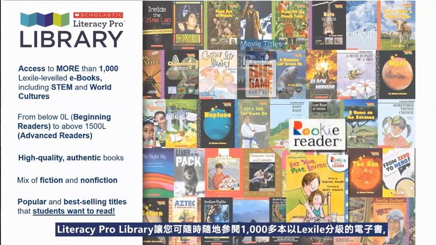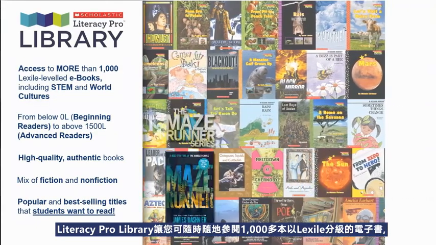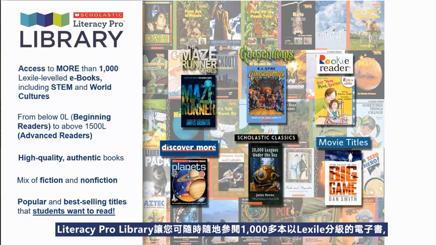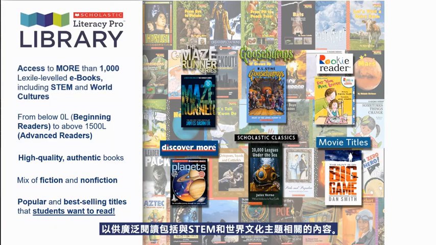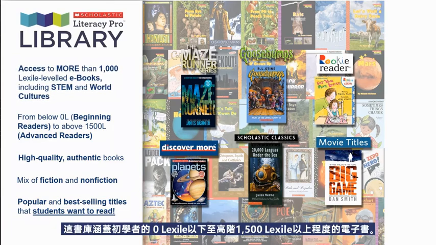Literacy Pro Library offers anytime, anywhere access to more than 1,000 Lexile-leveled eBooks for extensive reading, including STEM and world cultures. The eBooks in this library range from below 0 Lexile for beginning readers to above 1,500 Lexile for advanced readers of English.